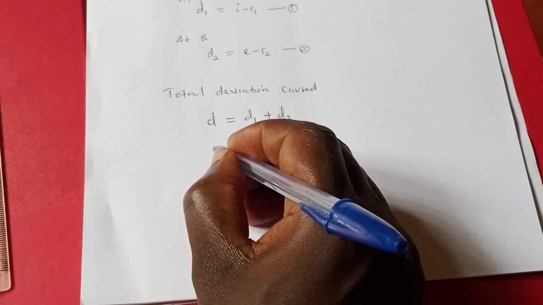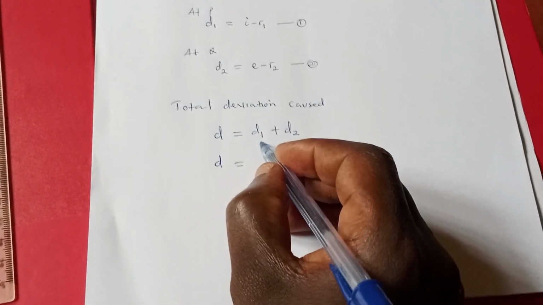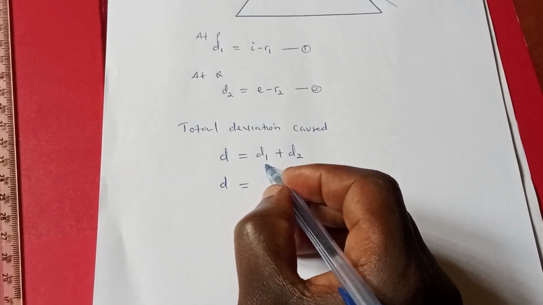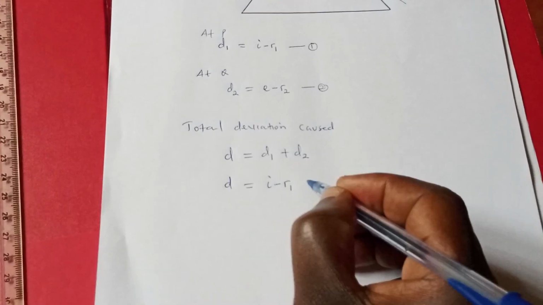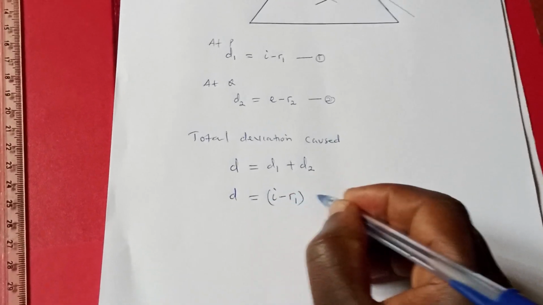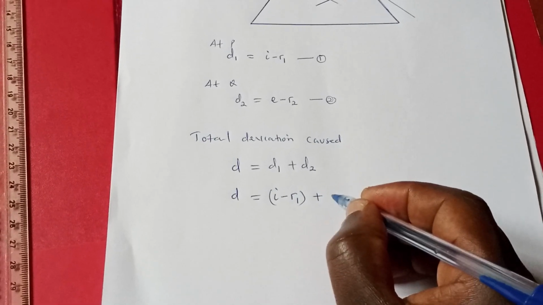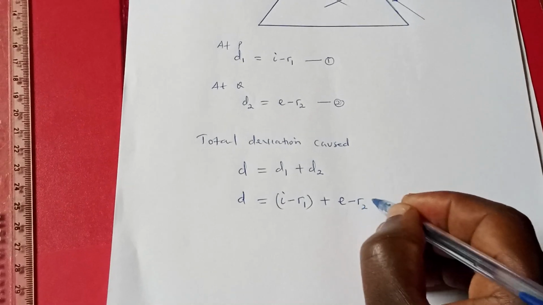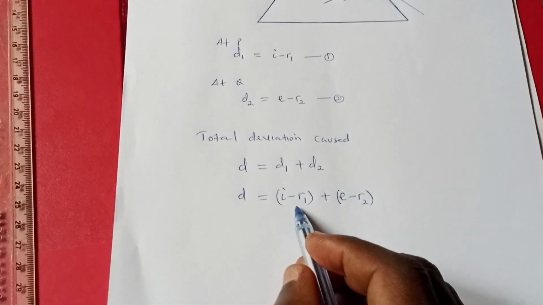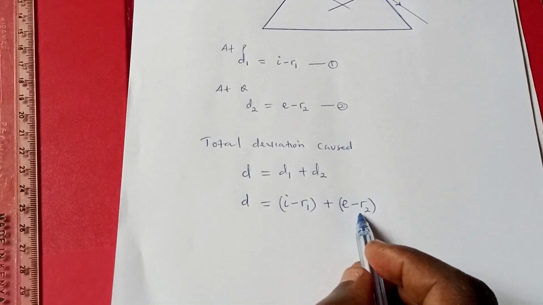Continue. So our deviation equals, remember from our equation 1, D1 is I minus R1. Now we are adding it to D2, which is E minus R2. Deviation at P plus deviation at Q.